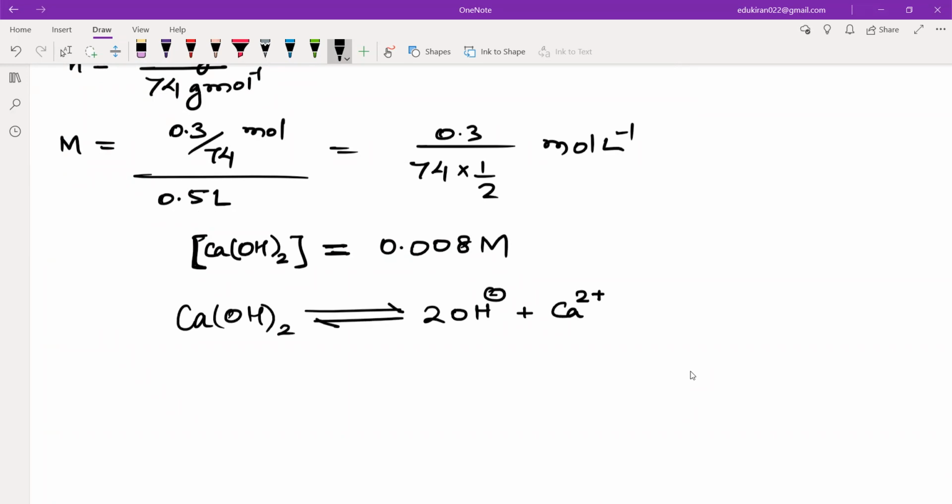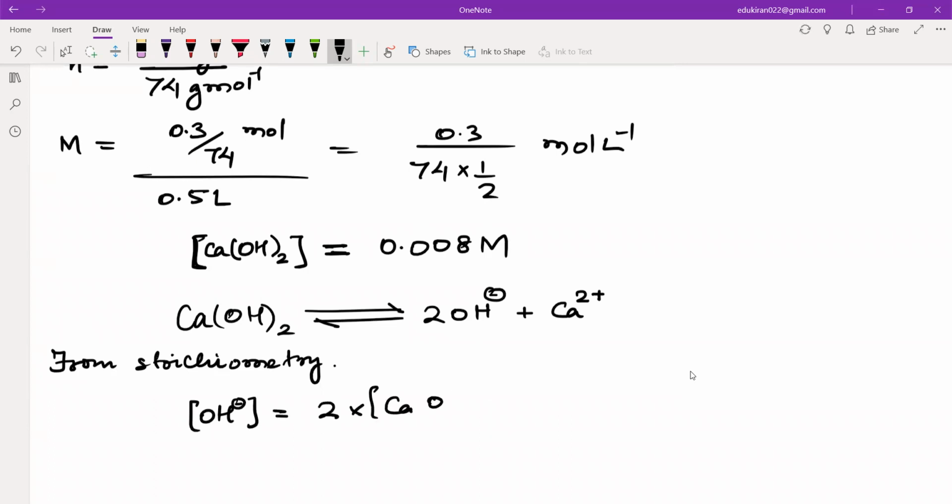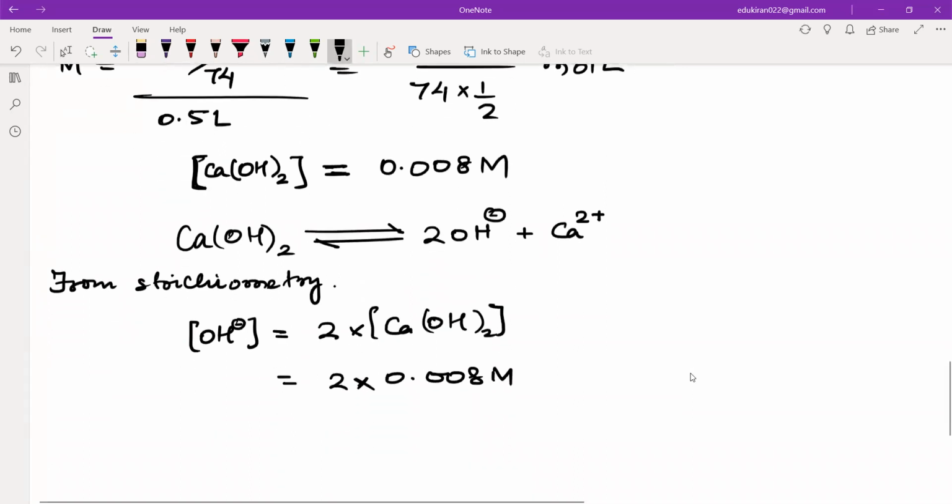From stoichiometry, you can see that the concentration of OH negative is equal to twice the concentration of calcium hydroxide. Hence this will be 2 times 0.008 molar, which is 0.016 molar. Yes or no? That you can write as 1.6 into 10 to the power minus 2.